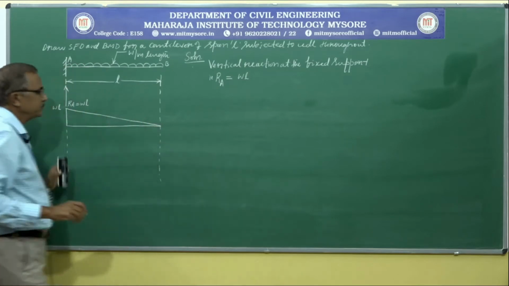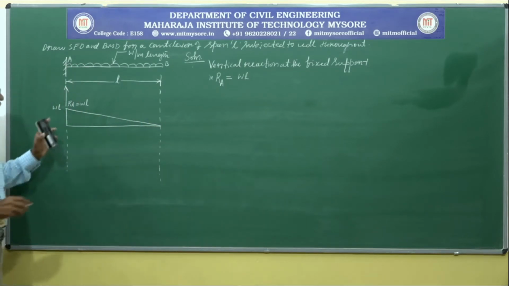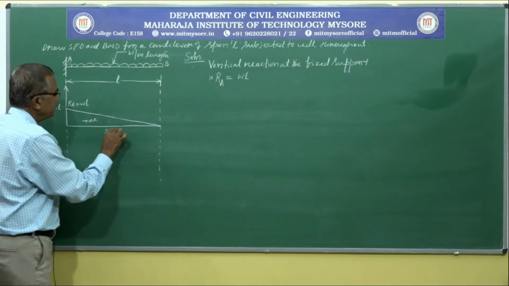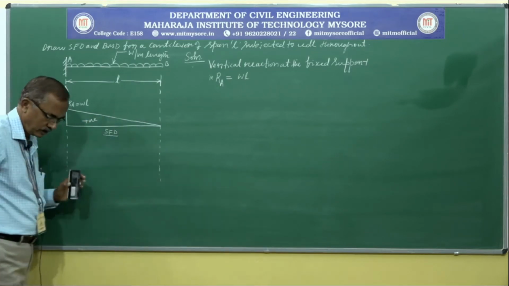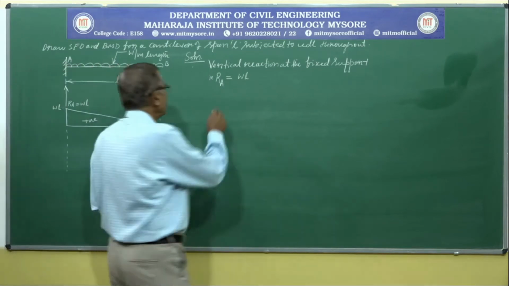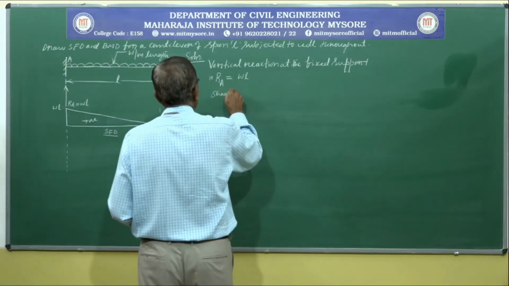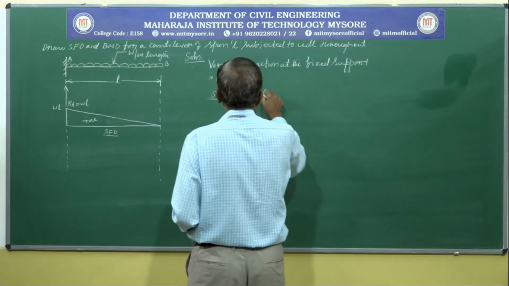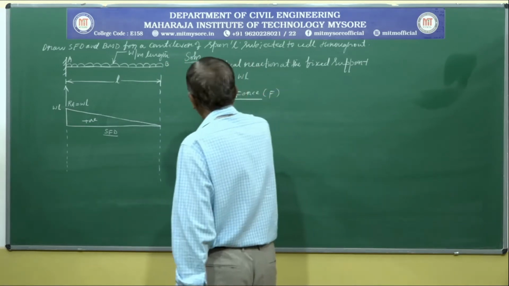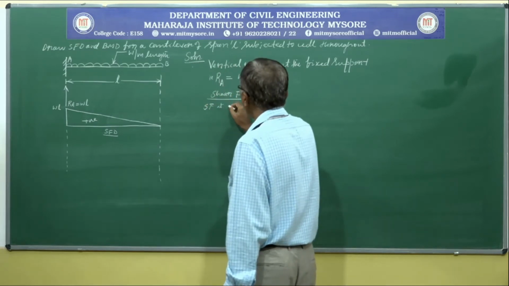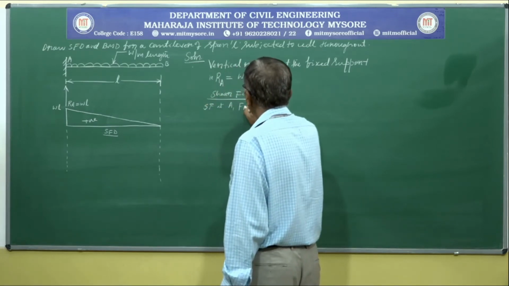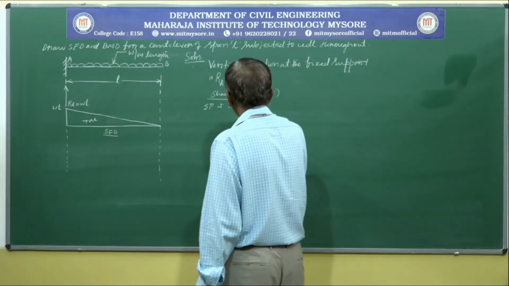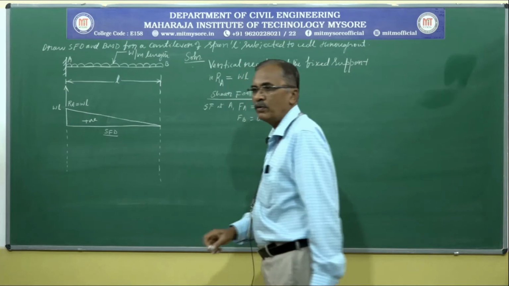Join with the reference line. This is our shear force diagram, SFD. So the shear force at A, FA, is equal to W into L and FB is equal to 0.